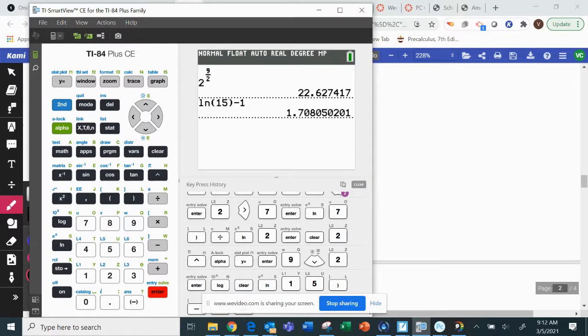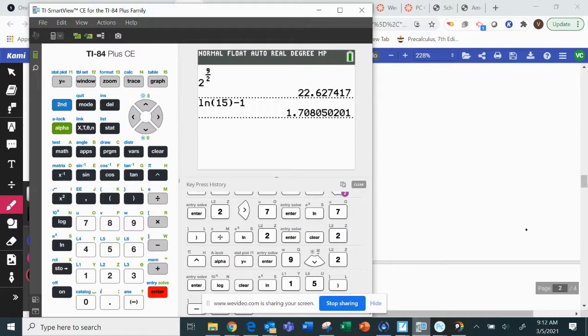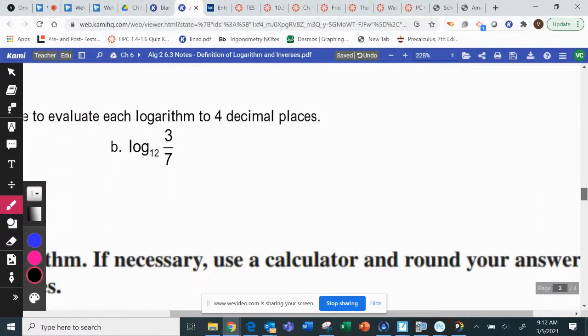We get approximately 1.708. Does it seem hard still, or is it getting better? Getting better. Okay. Only have a few more. This is calculator now.